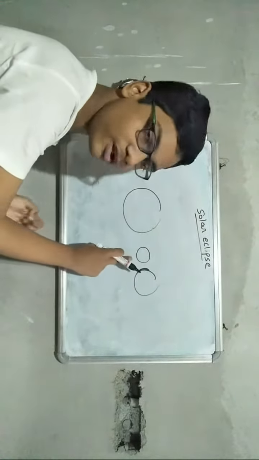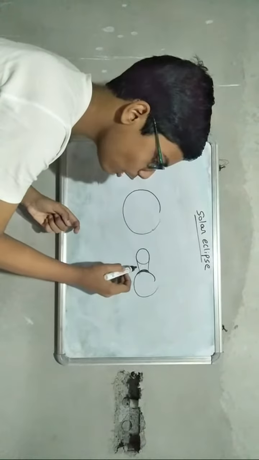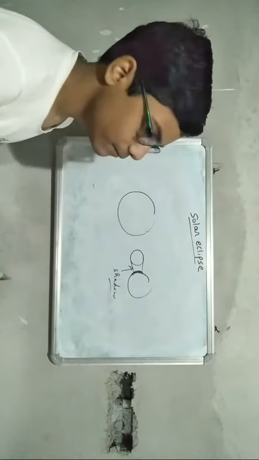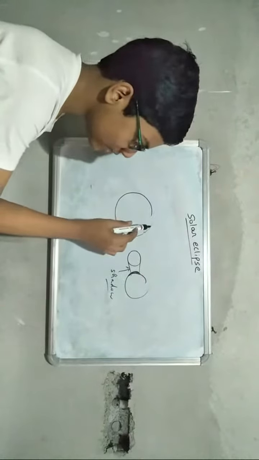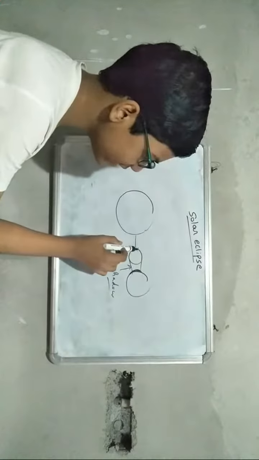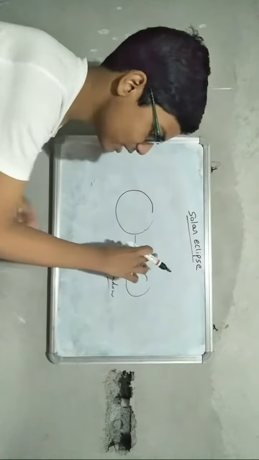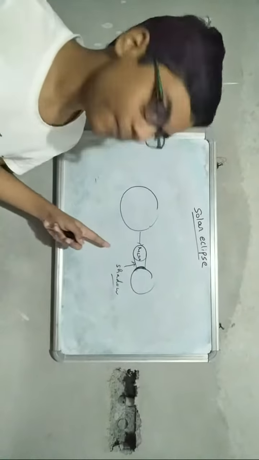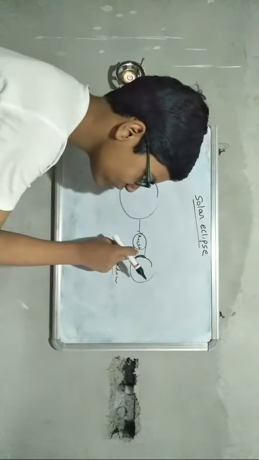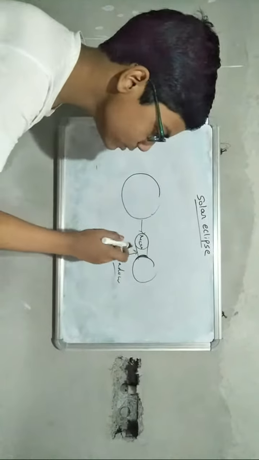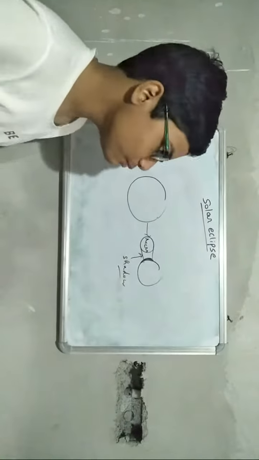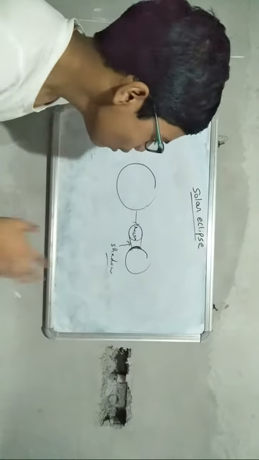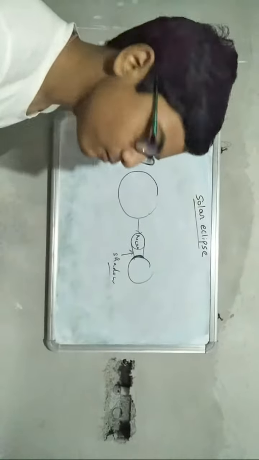It means the shadow of the moon falls on the earth. This is because the sun is giving out light rays, and in between, an opaque object, the moon, is placed, so a shadow is formed on the earth. So the people living in this portion cannot see the sun for that specific moment.